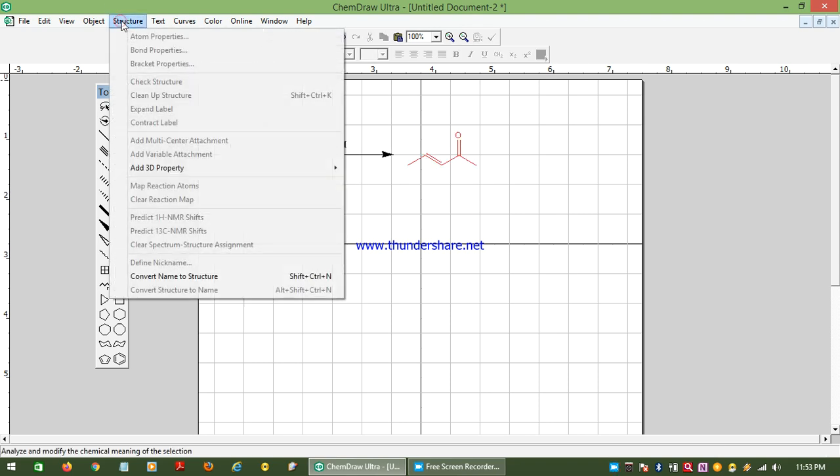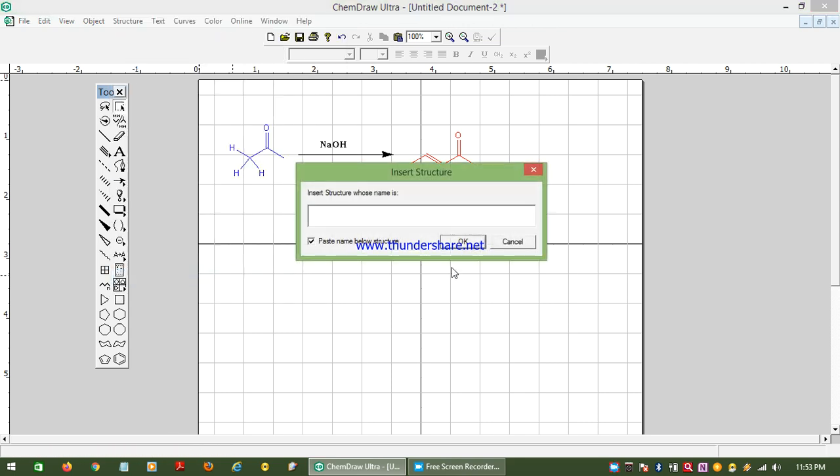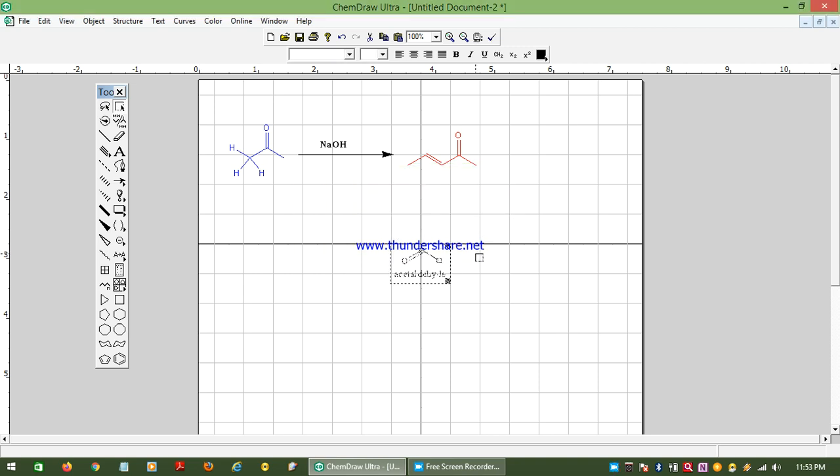There is another facility, you just go to the structure and convert name to structure. Now if you want to write any molecule, just type the name of the molecule, acetaldehyde. You will get the structure of acetaldehyde.